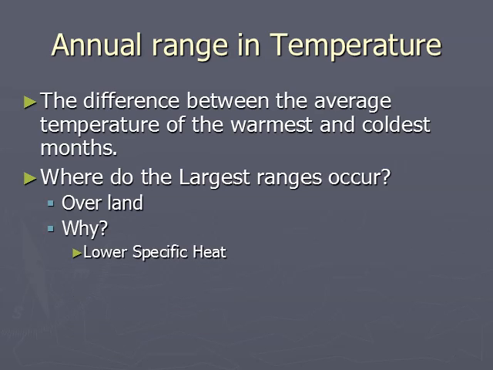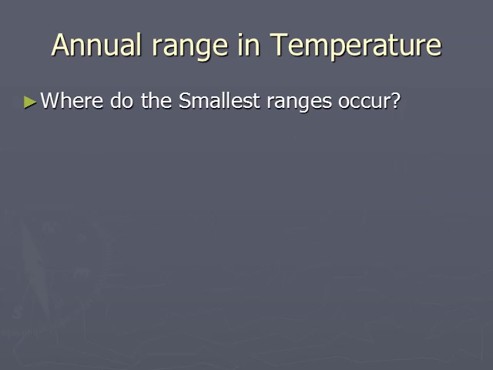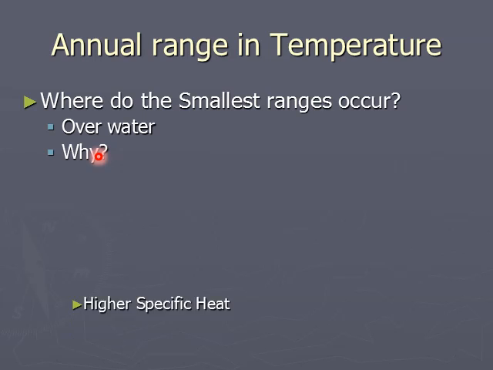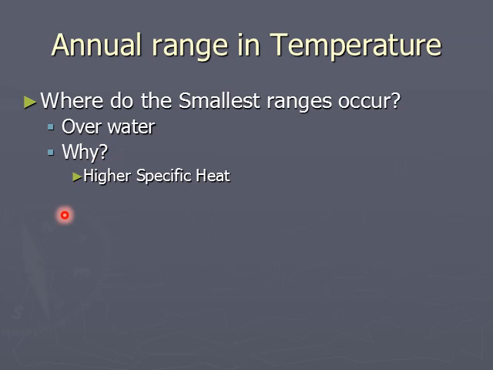You should have put that we've got a lower specific heat. Alright, so for the annual range of temperatures, where did the smallest occur? Again, over water. The question is why? You should have answered it's got a higher specific heat.